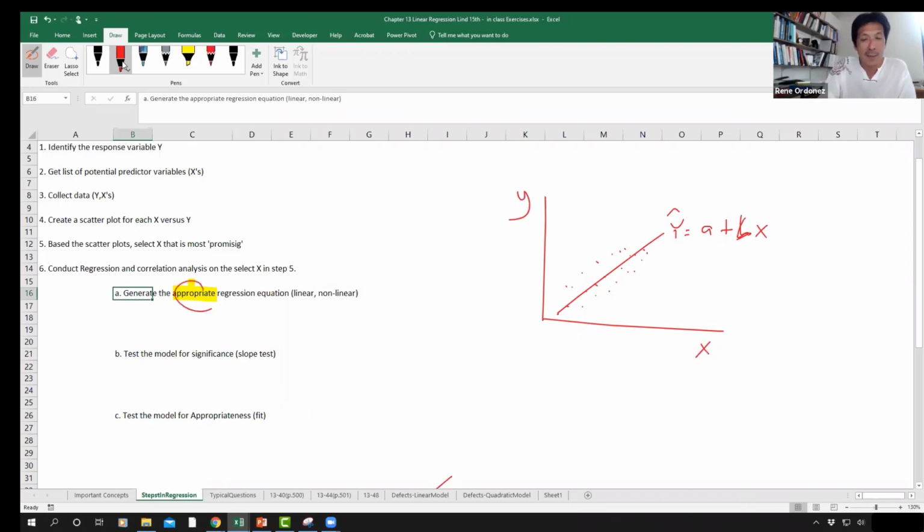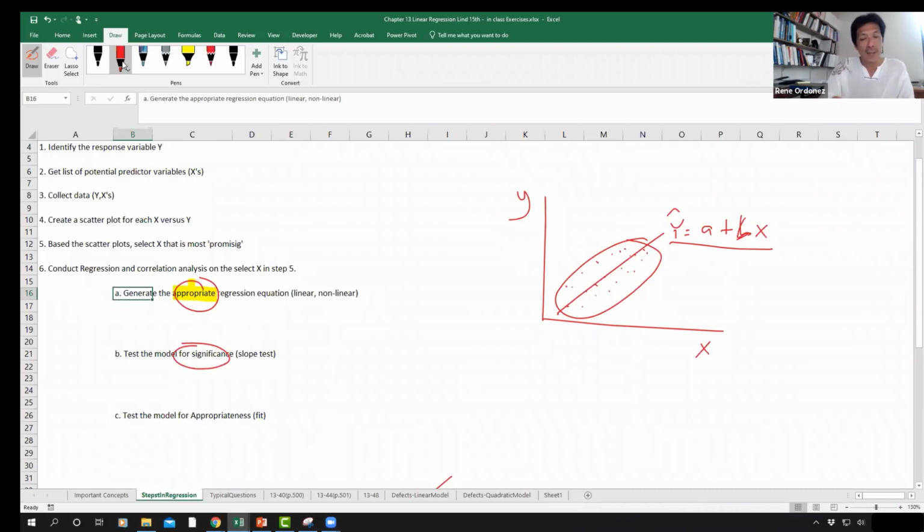Okay, that's the appropriateness. Once a model is determined to be appropriate, meaning once we have determined this to be an appropriate representation of the relationship between x and y, then we will test that model for significance.